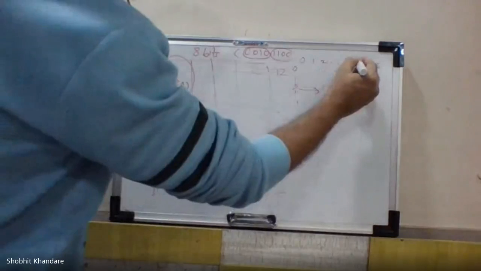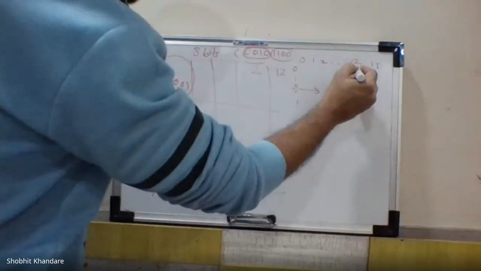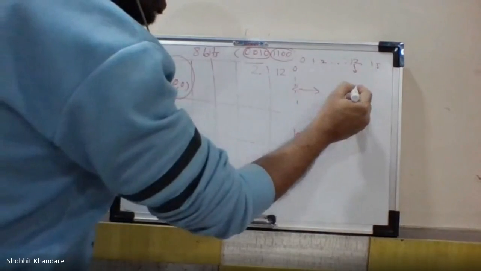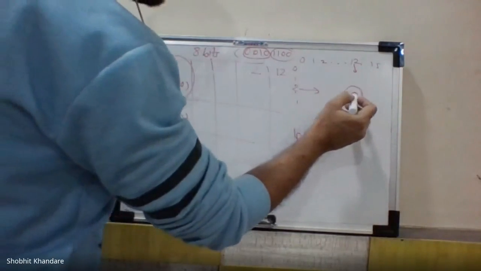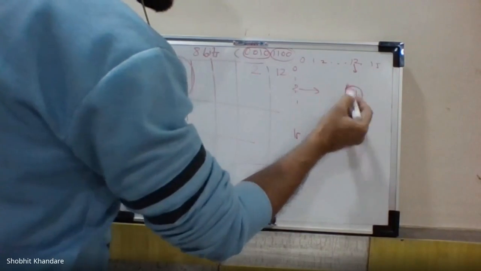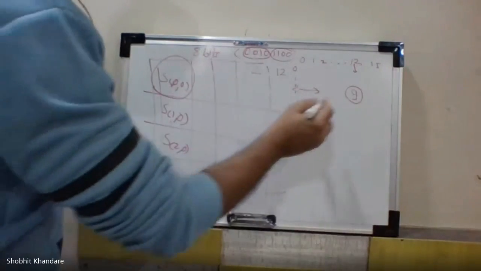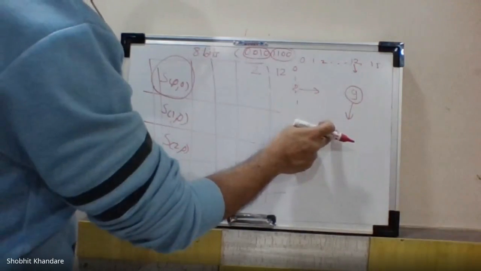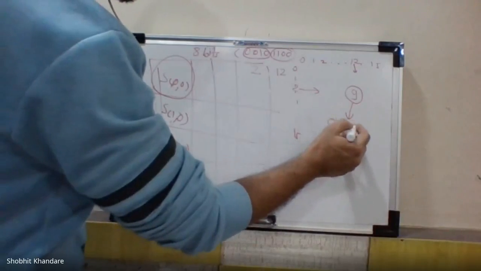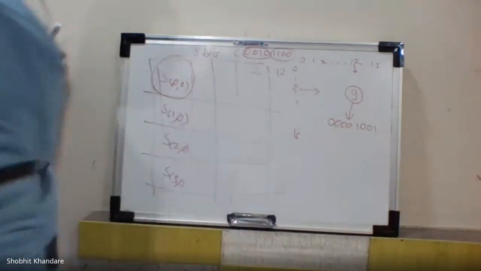Suppose the 12th column is here. Wherever the second row and 12th column meet, suppose that element is 9. We have to convert this decimal number 9 into binary, ones and zeros, so it is 00001001.